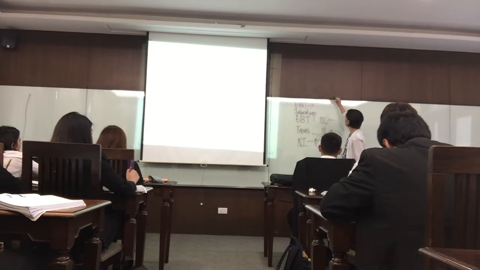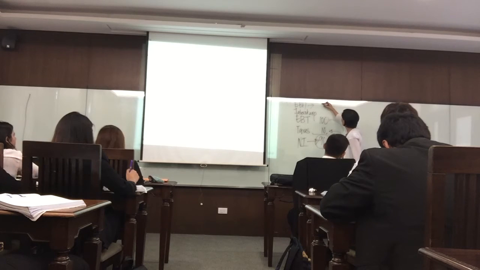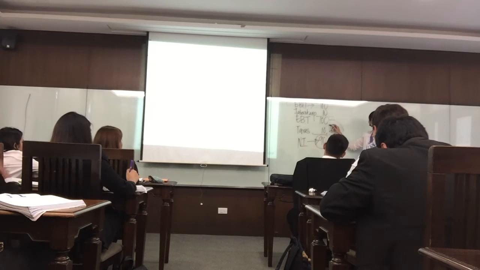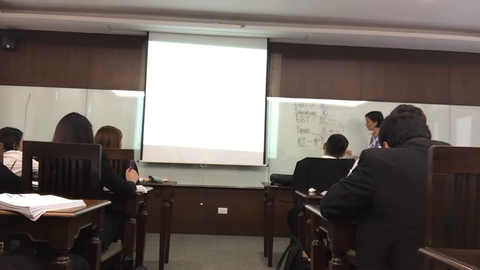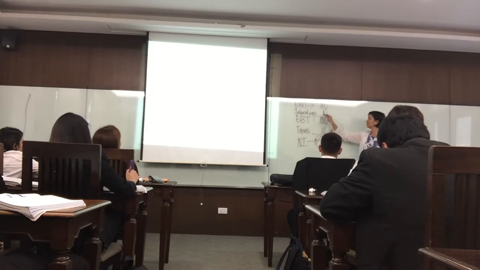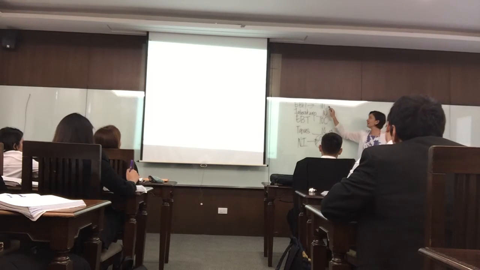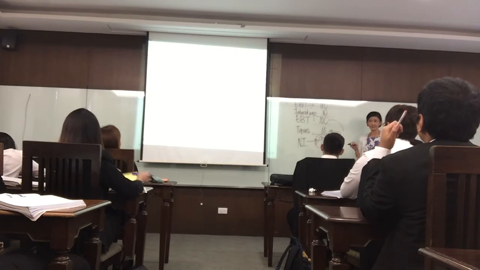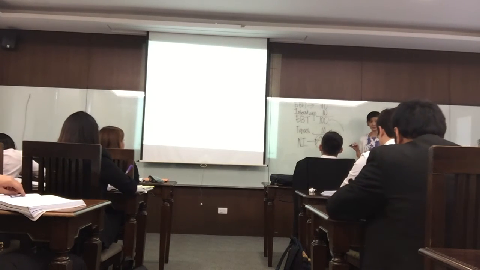So, EBIT, let's say, is 110, and interest expense is 10, so EBT is 100, etc. So if you're working with this number, you want to add this back, and you want to add this back, which in effect is EBIT.